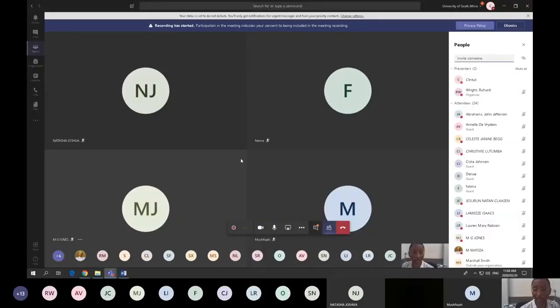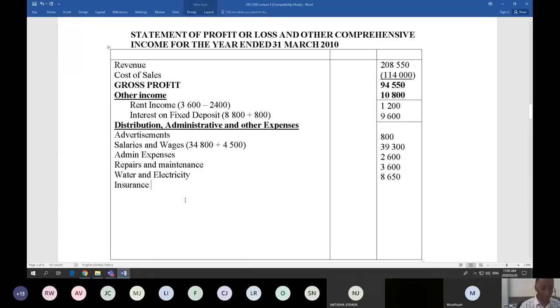And that we have labeled as prepaid expenses. I showed you the calculation before, we have actually paid 2,160 rand too much. So in your statement of profit and loss and other comprehensive income, even though your insurance expense is 4,200 rand, 2,160 is for the next financial year. So our expense for this year is only the amount of 2,040.